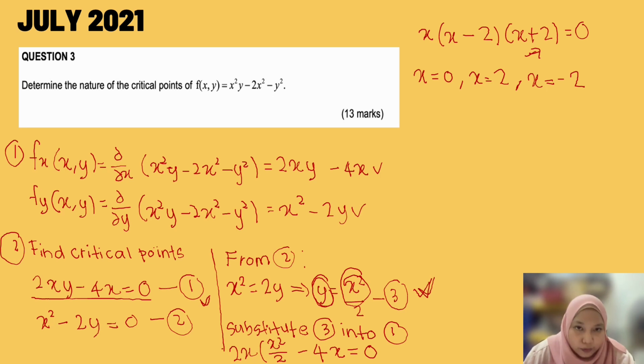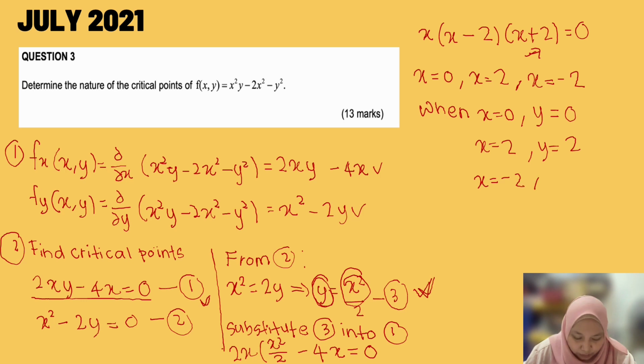So substitute x equals to 0, we will get y equals to 0. And then when x equals to 2, substitute into equation 3, we will get y equals to 2, and then when we substitute x equals to negative 2, we will get y equals to 2.